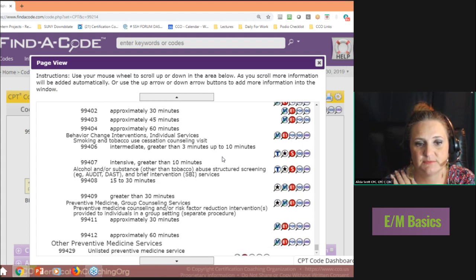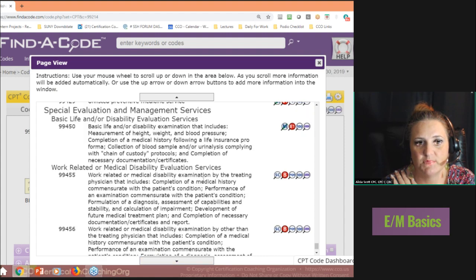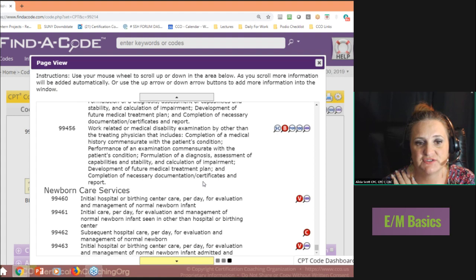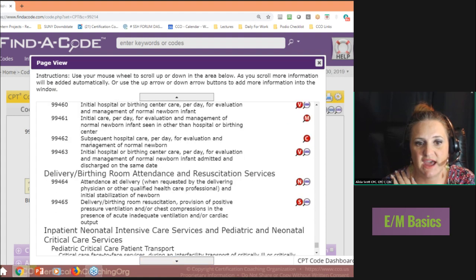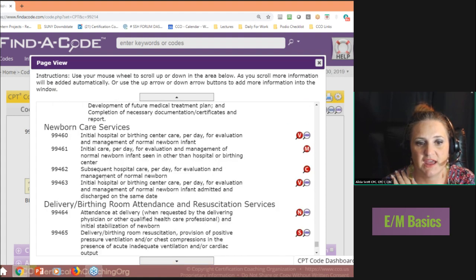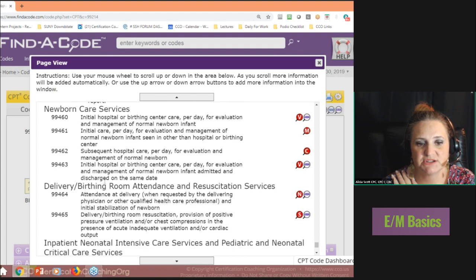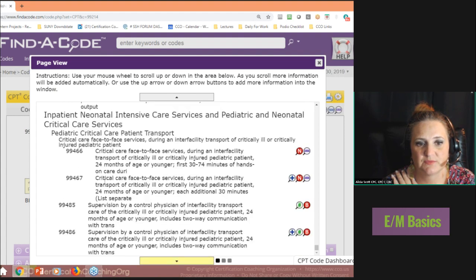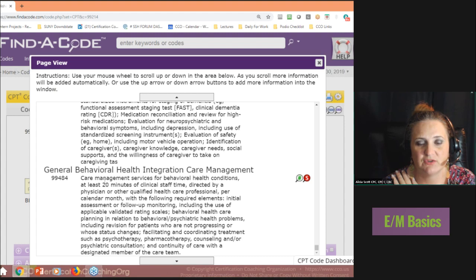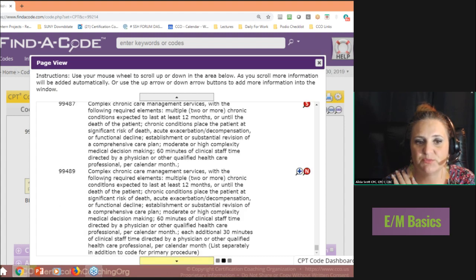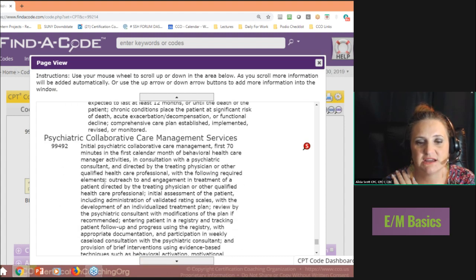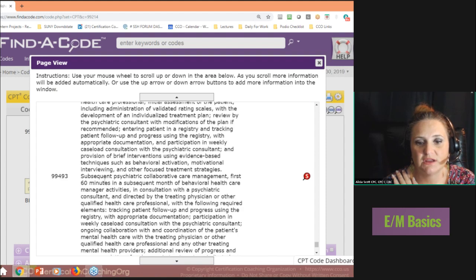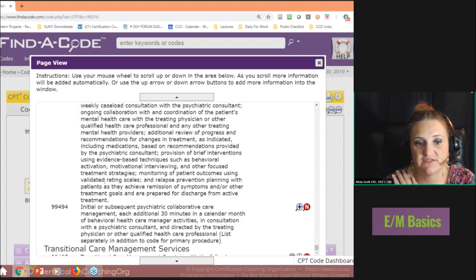Time-based, preventative medicine, work-related, disability evaluations, newborn care services, again, that is unique. And then delivery, inpatient, general behavioral, things that you probably didn't even realize if you're new to coding, that E&M covered all of this.